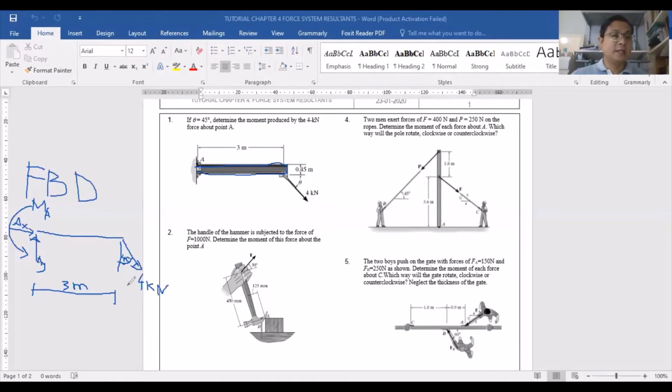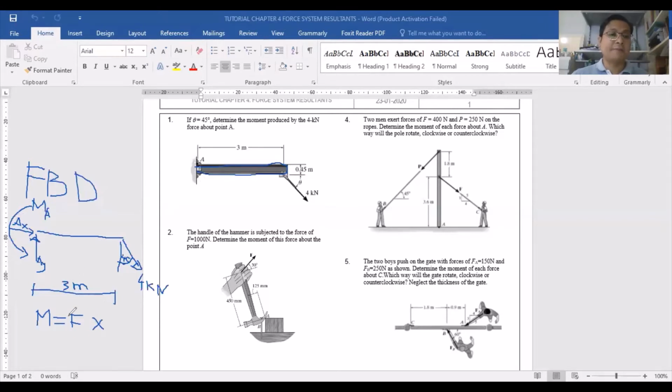Correct? After finishing the FBD, now we can analyze. We can derive one equation to calculate the moment. As we know, moment is F times the perpendicular distance, correct? So x is already here, 3 meters.